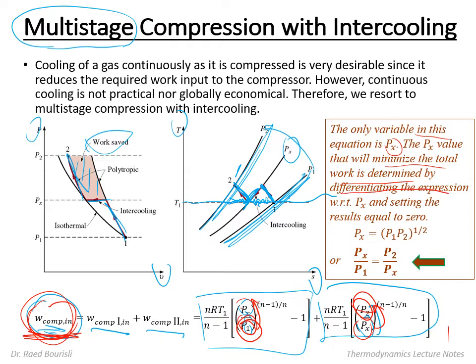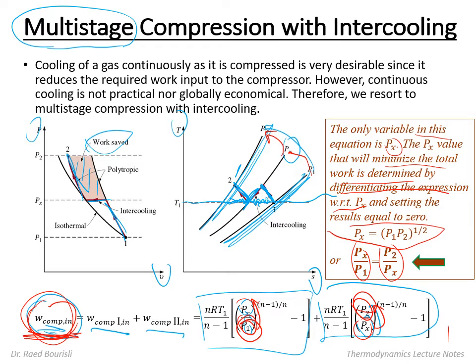So I'll differentiate this expression with respect to Px and set it equal to 0, and I'll get Px over P1 is equal to P2 over Px. So this tells me that the pressure ratio of this compressor has to be the same as the ratio of this compressor.